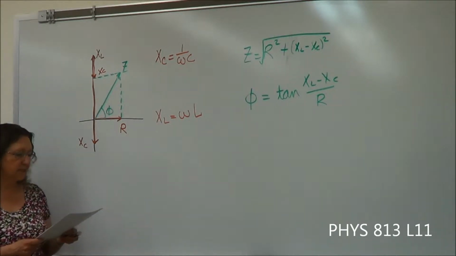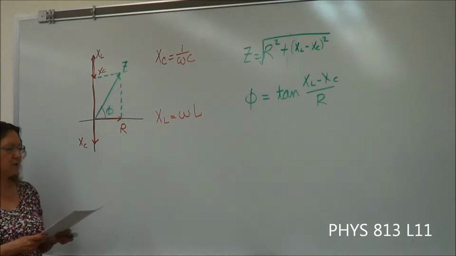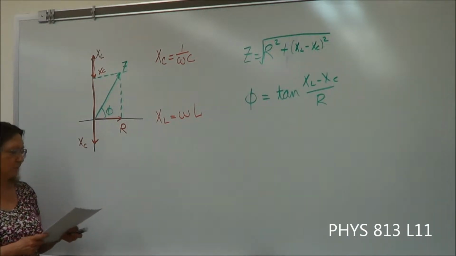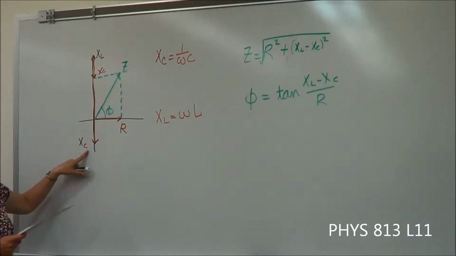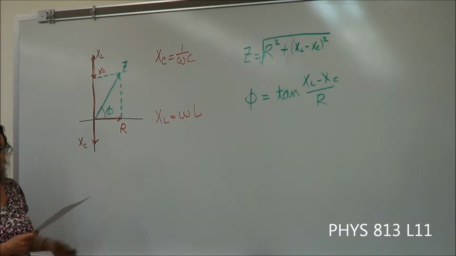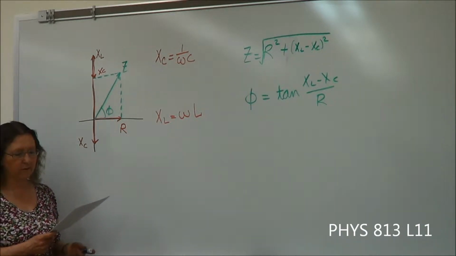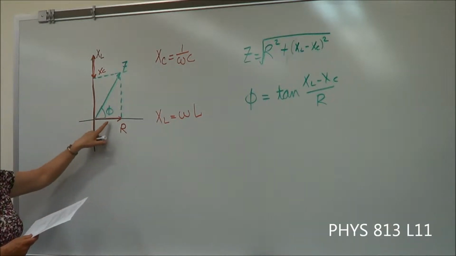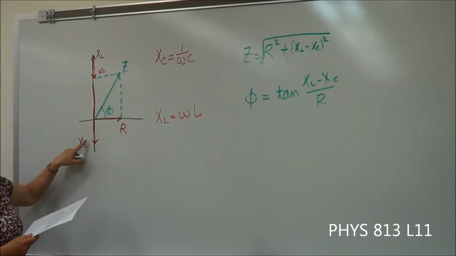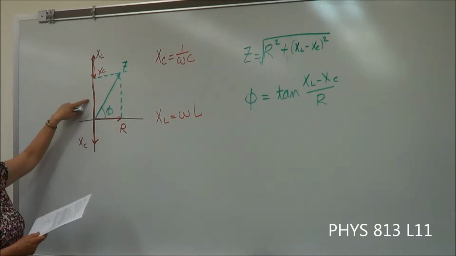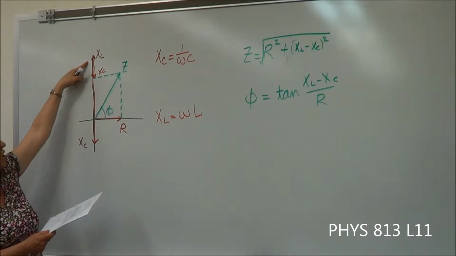And the values that you had in lesson 10: the resistance was about 100 ohms. The reactance for the capacitor was just a little less, and the reactance for the inductor I had calculated as 320 ohms. So what I've drawn here is the resistor and the reactance for the capacitor, approximately the same length, and then the reactance for the inductor quite a bit longer.